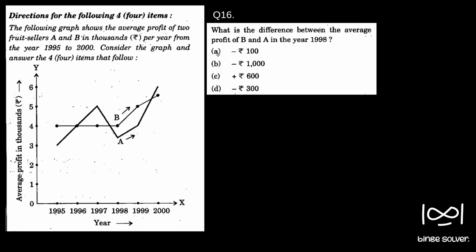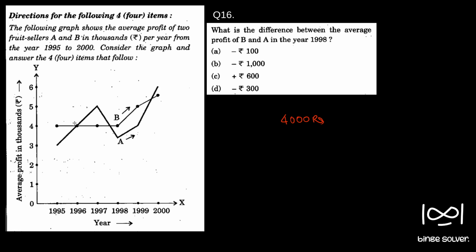What is the difference between the average profit of B and A in the year 1998? This is 95, 96, 97, and this is 98. If you see, the average profit of B is 4,000 rupees.